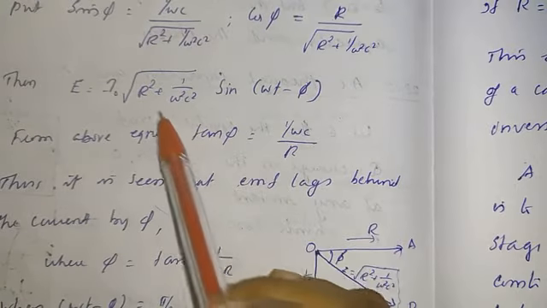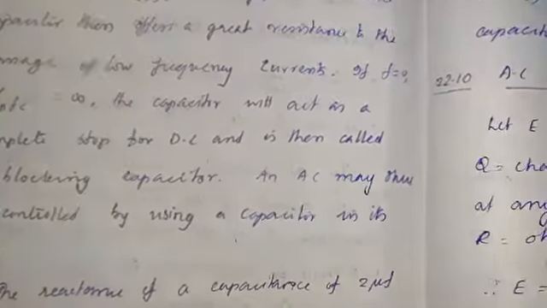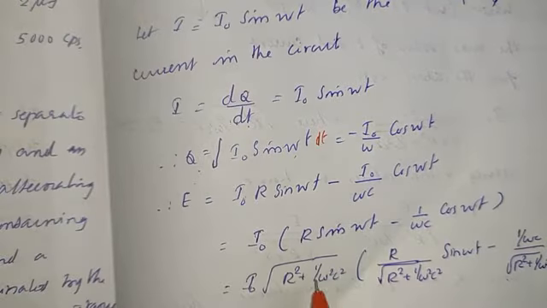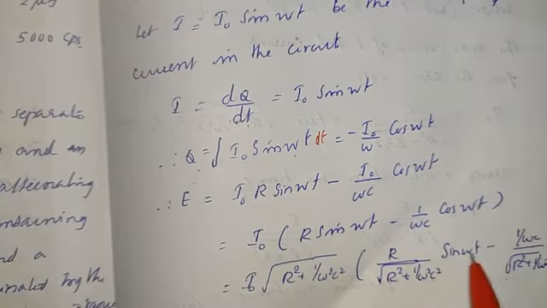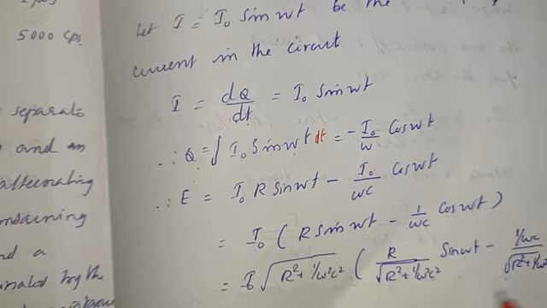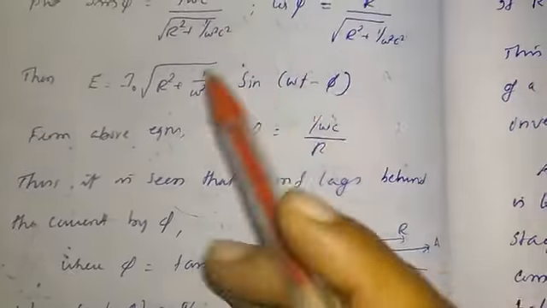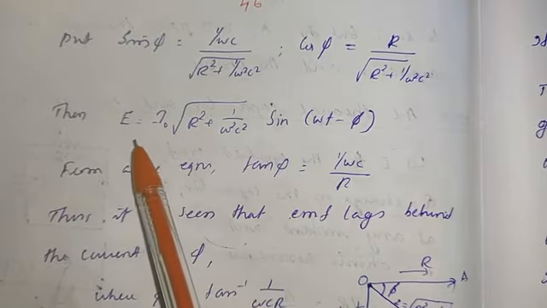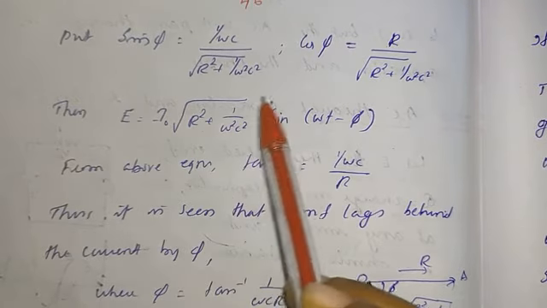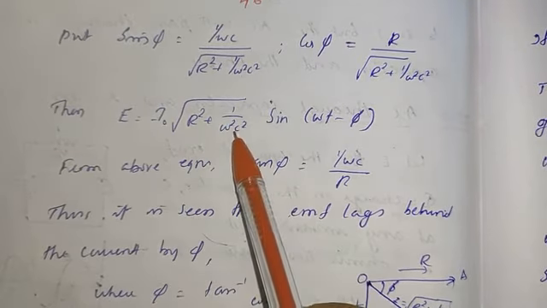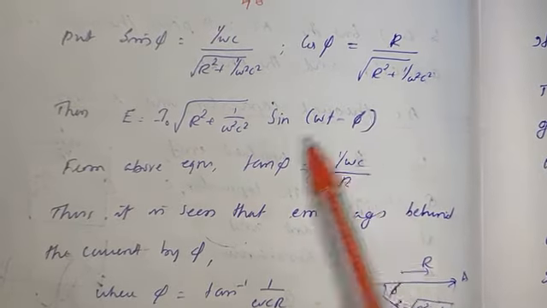So we get an expression for EMF: E is equal to I0 into the square root of R square plus 1 by omega square C square, sin omega t minus phi.